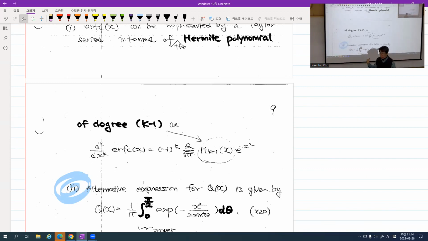However, the paper that introduced this formula to the Communications Society said that mathematicians discovered it long ago, and it was not much used, but it was probably around mid-1990s, or even when I was a graduate student. So it was a very new paper and showed that Q of x can be written as this integral. And when I first saw the expression, I had no idea what it meant.